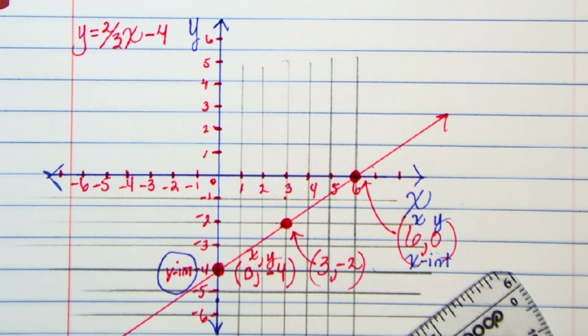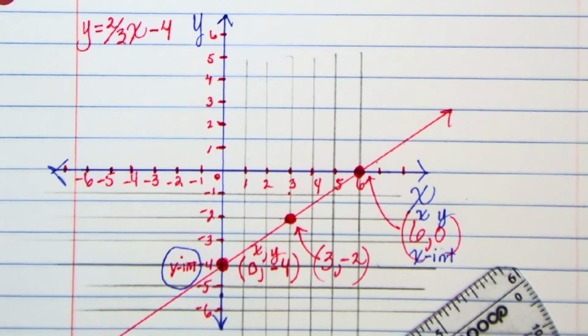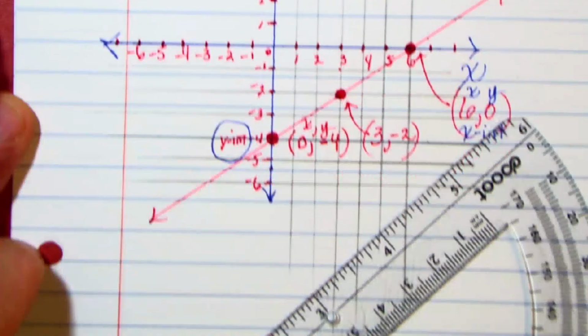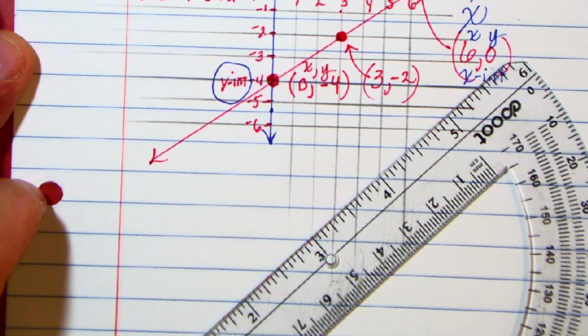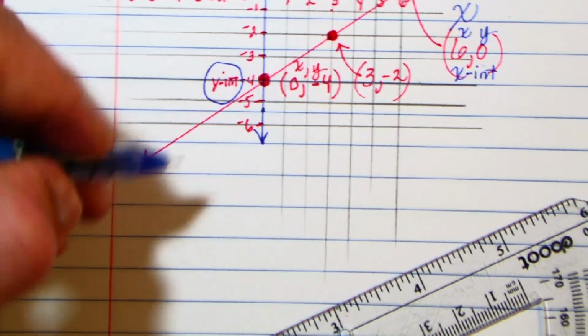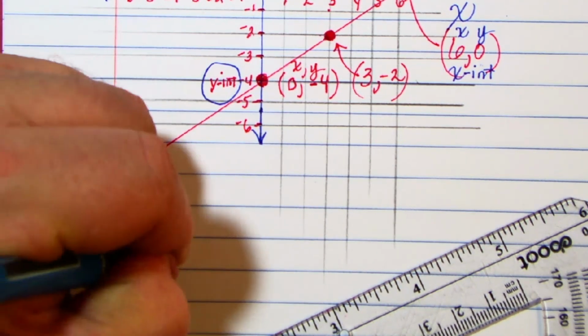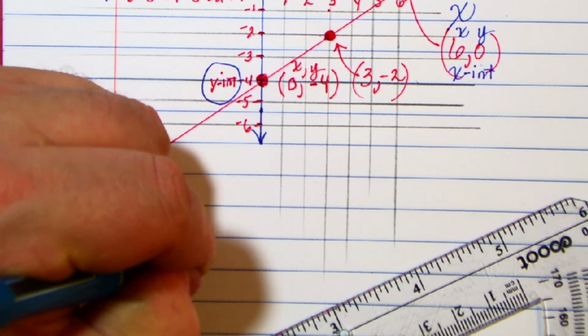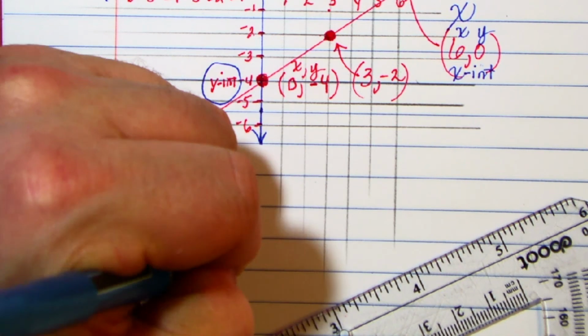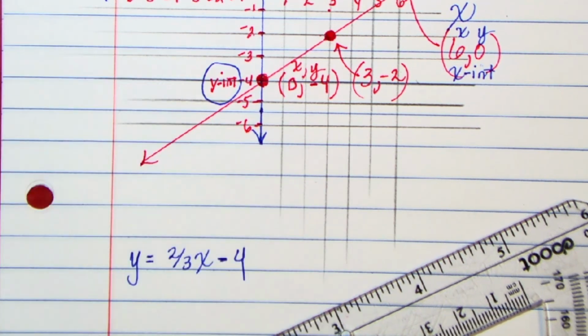Now you're going to algebraically prove this x-intercept. So let's move down the page a little bit, and let's write y equals 2/3 x minus 4.